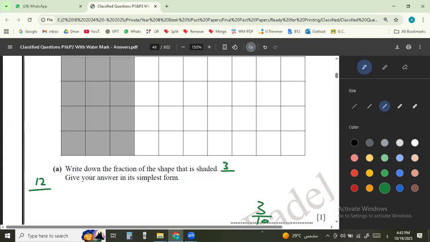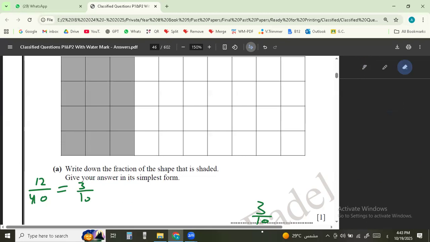It is 12 over 4 multiplied by 10, which is 40. 12 over 40, no problem, let's simplify. Divided by 4 is 3, divided by 4 is 10, which is 3 over 10, the same. So you can do it in either of the two ways. I just chose the easiest and simpler way, which is 3 columns out of 10 columns, so it's just 3 over 10.